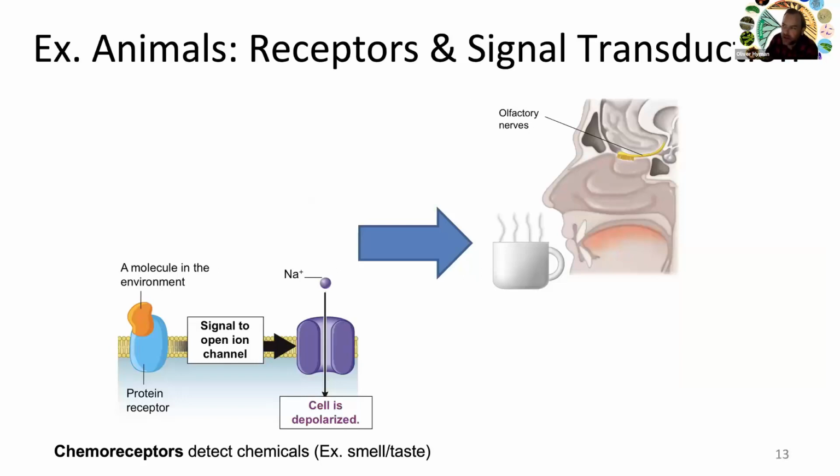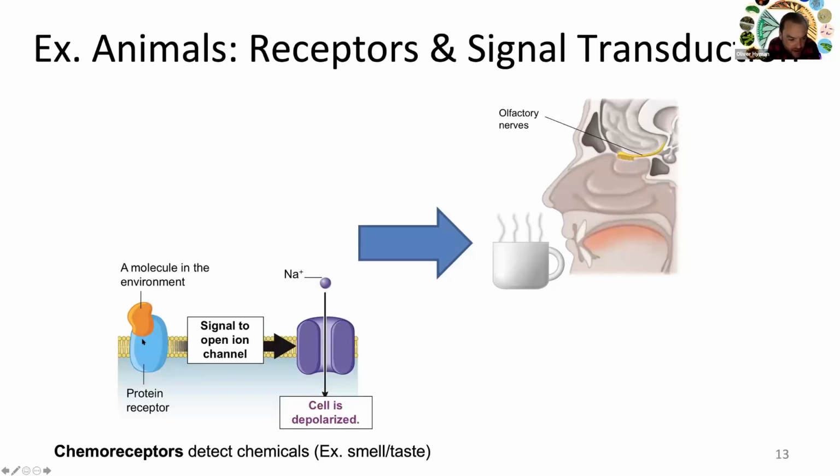And we see a similar thing in animals. Okay, so if we look a little bit more closely in animals, let's say you smell a cup of coffee in the morning, and you have these olfactory nerves. In those olfactory nerves, they have these protein receptors that are embedded in the cells that make up those nerves. This protein receptor will bond to a chemical from the environment. You can think of this chemical as representing the coffee smell.